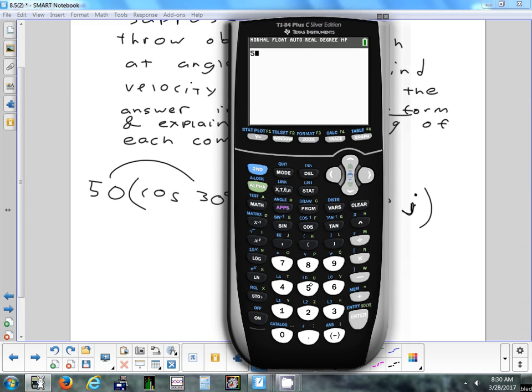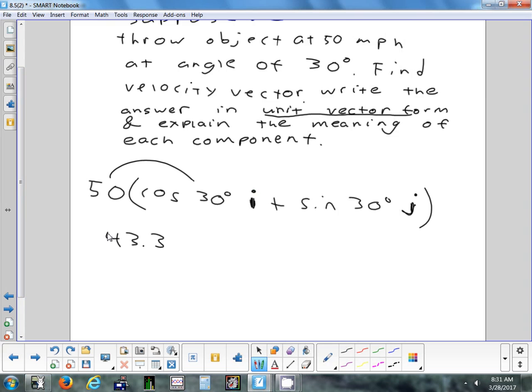Okay, so we got 50 cosine 30, which is 43.3 I, plus, what's the sine of 30? 0.5. So 50 times 0.5 is 25. Okay. So there's the velocity vector in unit vector notation.